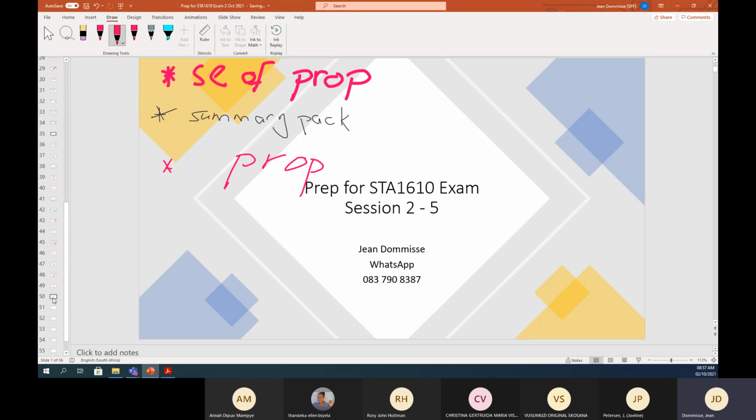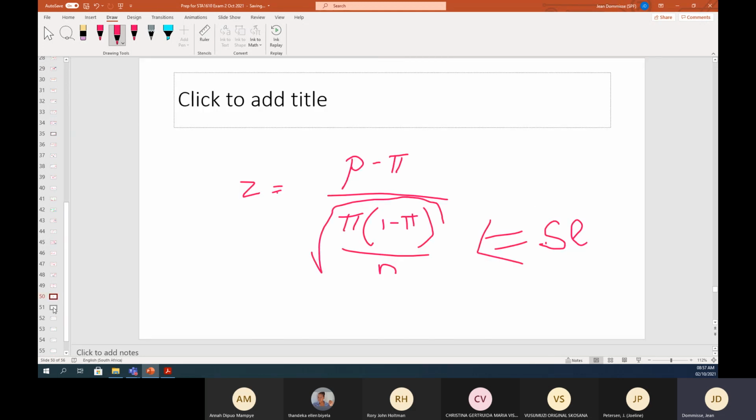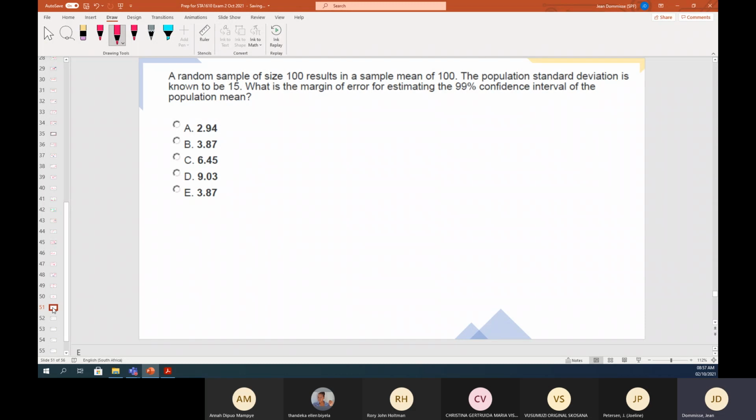So again, in the exam, how you can look at it is you will get about 2 questions per study unit. Study unit 7 talks about sampling distribution of mean and sampling distribution of proportion, so you will get one of each.